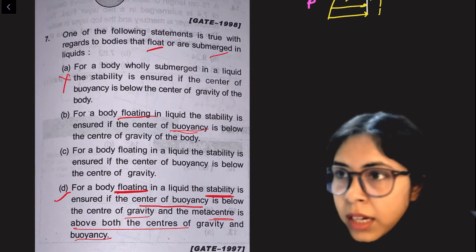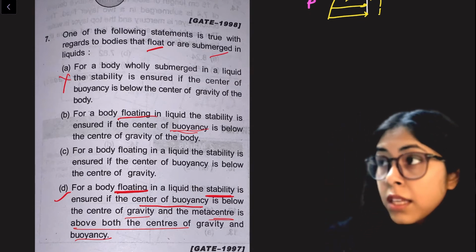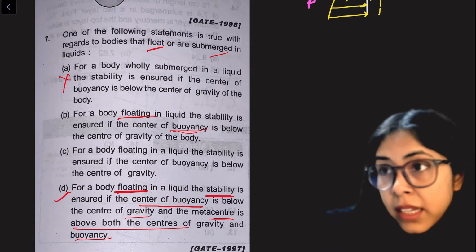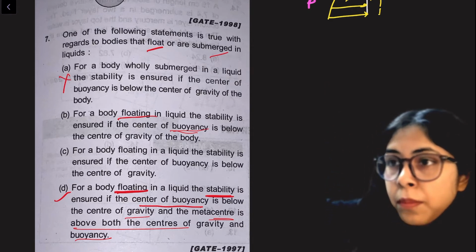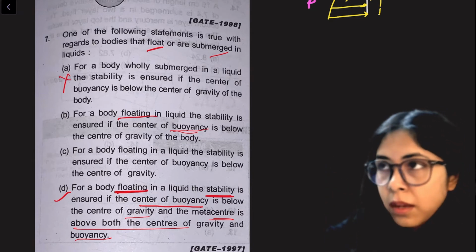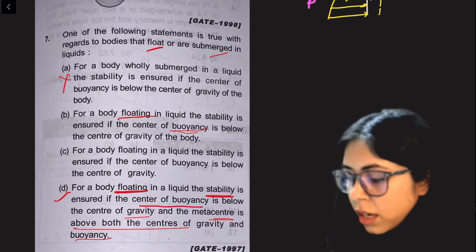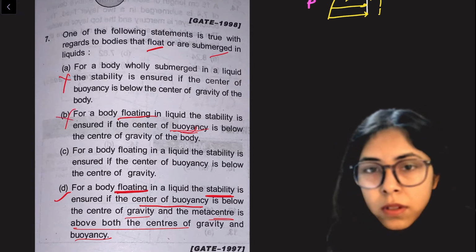But the main thing is to check whether the metacenter is above the center of gravity. Only if the metacenter is above the center of gravity will the body be stable, not by the condition of buoyancy. So this is also wrong.